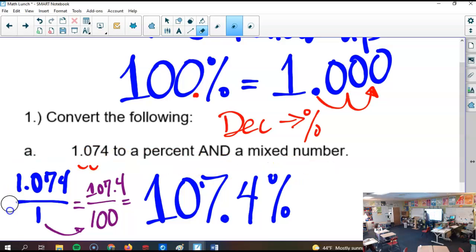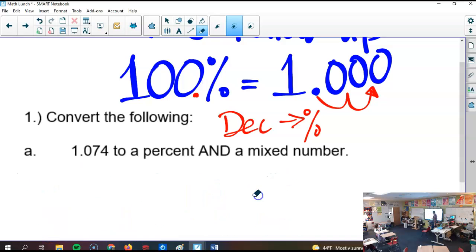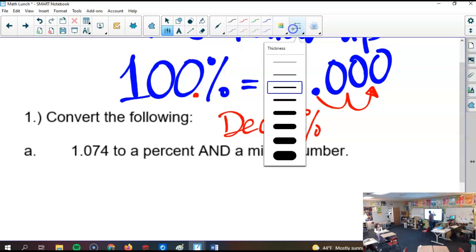For the mixed number, I just want to read this correctly. Do I have any volunteers to read this in the right way? Because I don't say 1.074. We can, but that's not the best way. You want to try it? 1 and... Yeah, we have to think about what decimal place we end in, and it's the thousandths place.